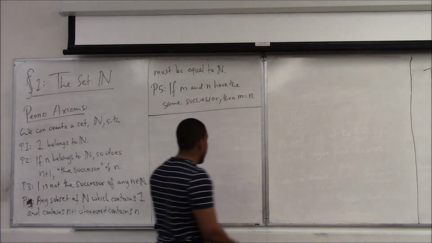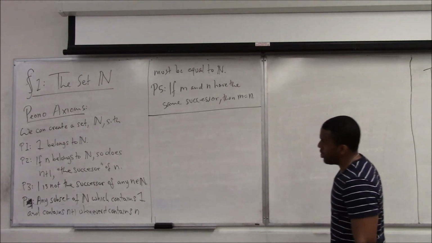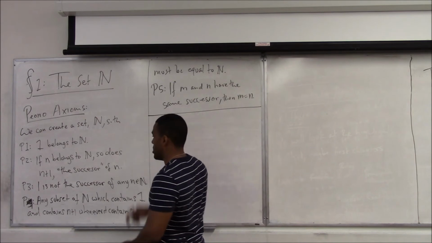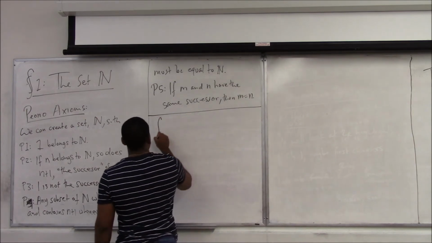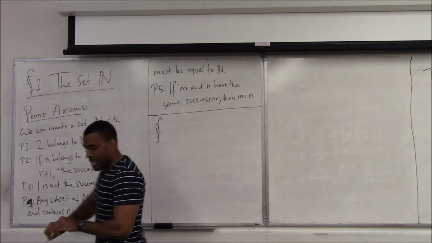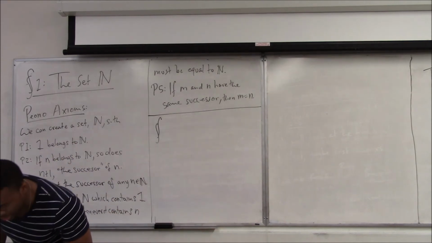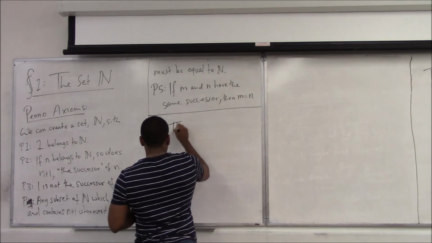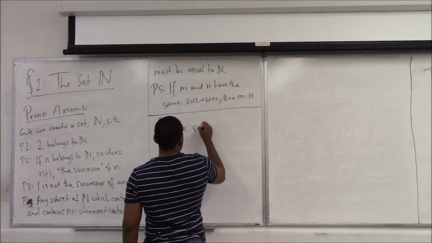So that was basically the highlight of this, talking about what the set N is. It's just a set that obeys these rules. So N is not terribly exciting, it's just how we count. Section 2 goes to talking about the set of rational numbers.